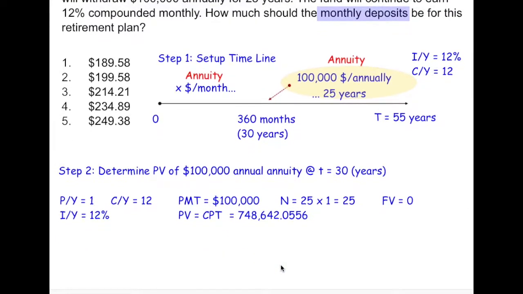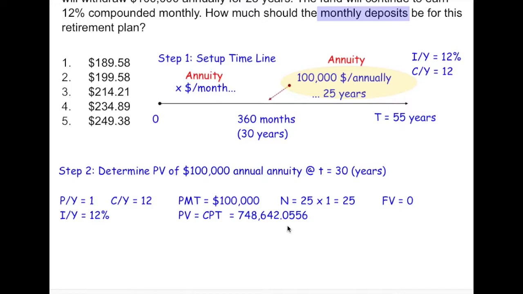Once we've done this, the next step is to solve for these monthly payments, to solve for X. We know that in 30 years or after 360 months, we want our account to accumulate this amount of money, $748,642.